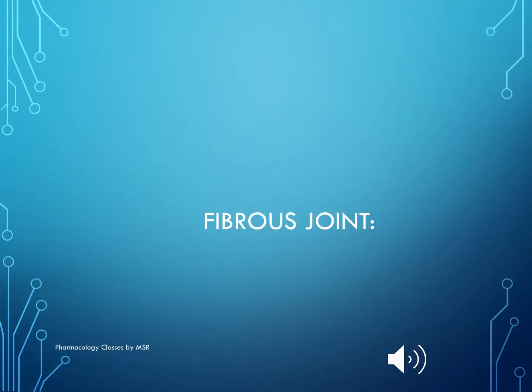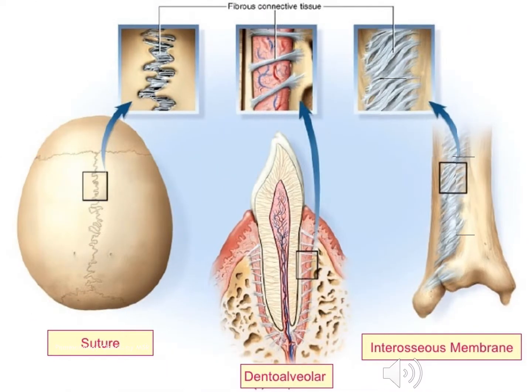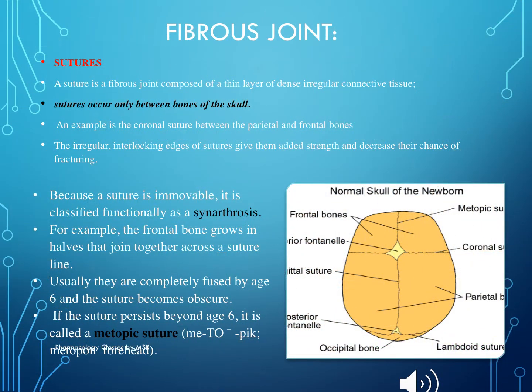Let's start with the first type of structural joints, the fibrous joint. The fibrous joints are classified into three types: sutures, dentoalveolar and interosseous membranes.